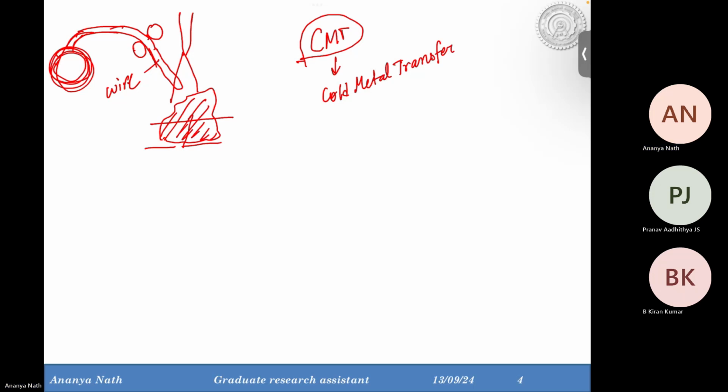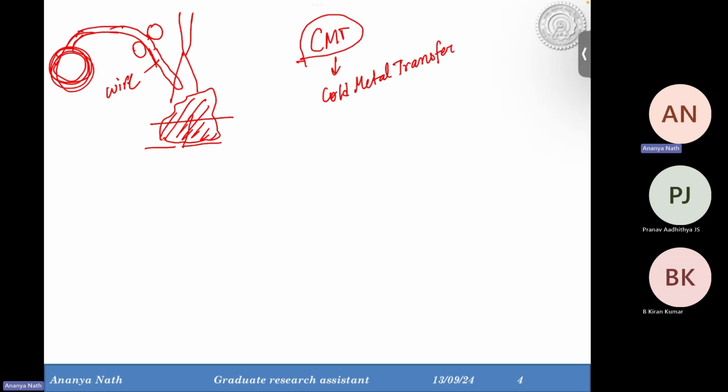Because you are not establishing any arc or any plasma, and you are not providing any laser or electron beam in this process. What you are doing is making a spark, an arc which is instant, which will be there for a few milliseconds.